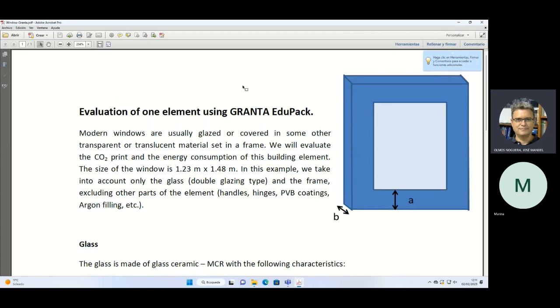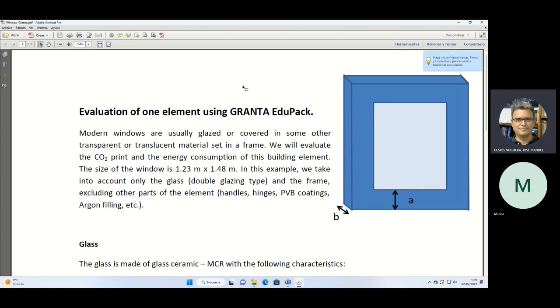As we have been talking today, there are many impact factors, but we are going to do just a simplification with carbon footprint and the energy consumption. We are going to simplify also because we only have half an hour, and we are going to talk only about the glass and the frame.